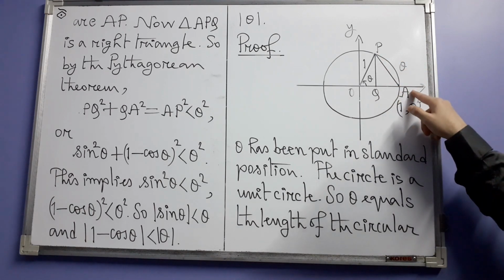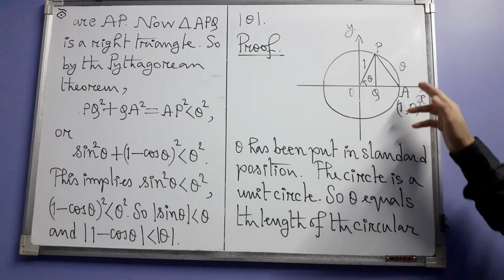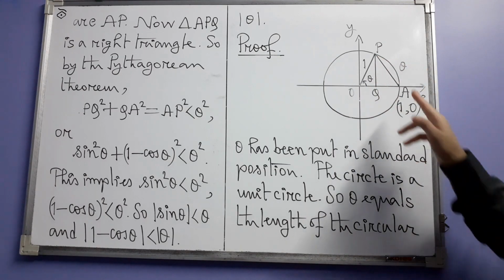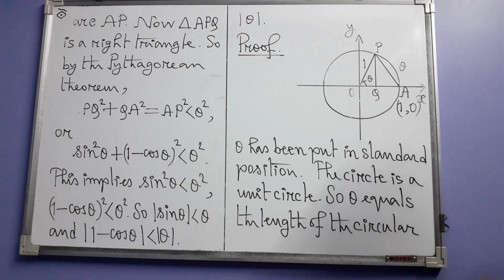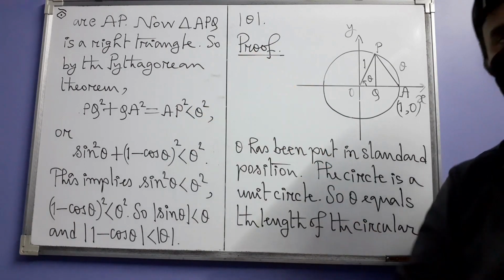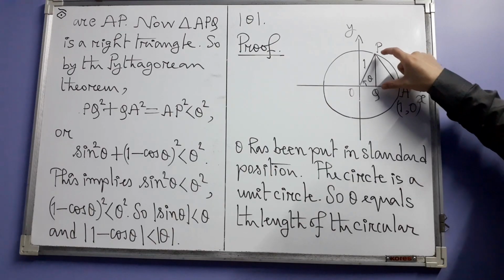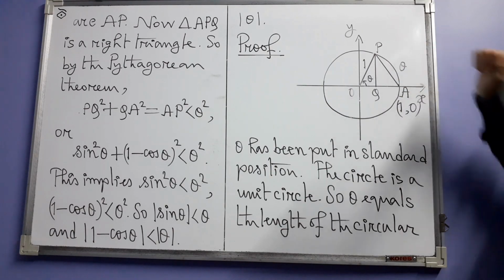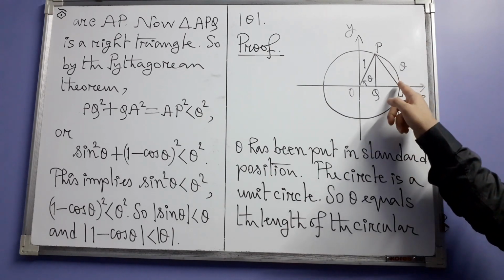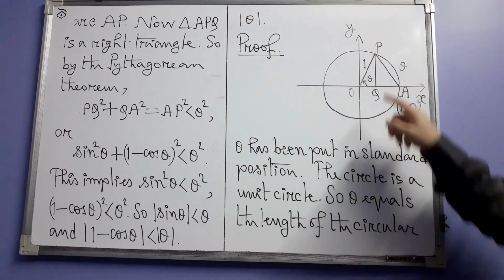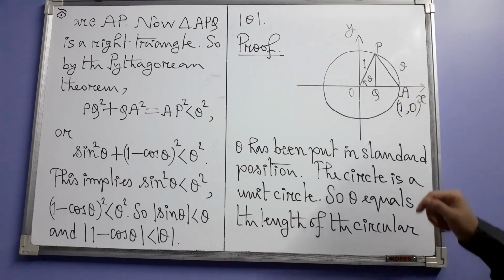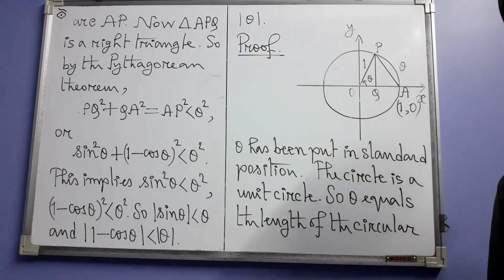Ideally we should have written AQP, but anyway APQ. In this right angled triangle we can use the Pythagoras theorem. If we use that, we get the sum of the squares of these two sides equal to the square of the hypotenuse AP, that is PQ square plus QA square equal to AP square.